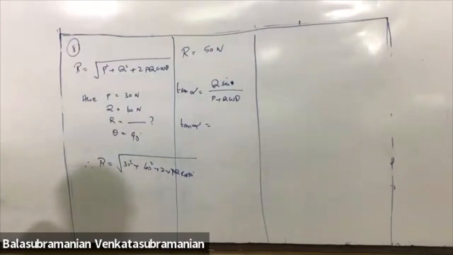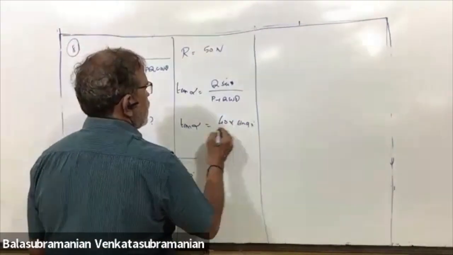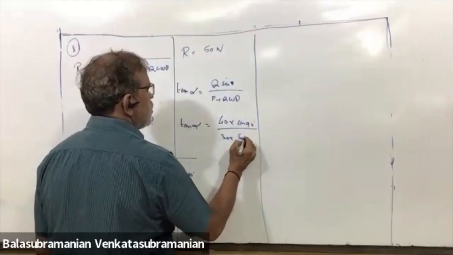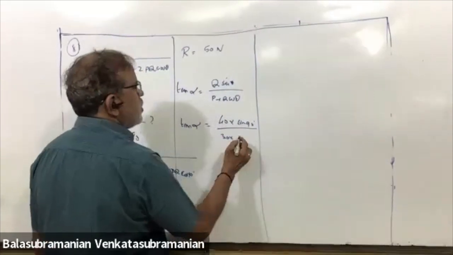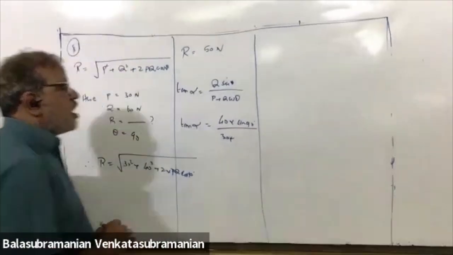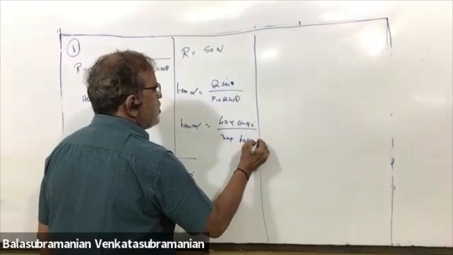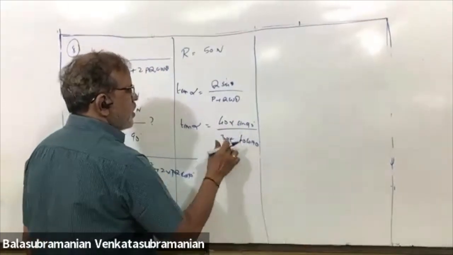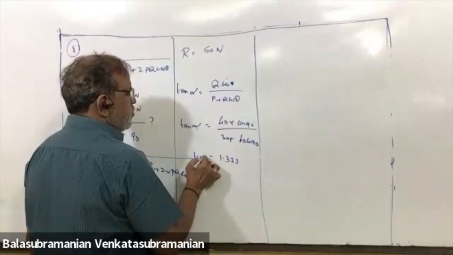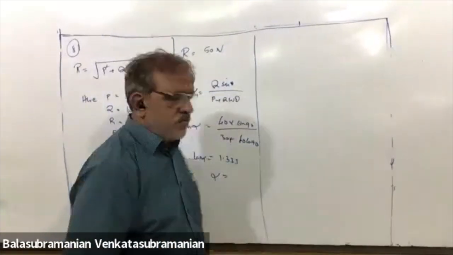What is the value? 40 into sin 90 by 30 into cos 90, so 40 by 30, 4 by 3, 1.333. So like before, we have to calculate the corresponding angle in the logarithm book.